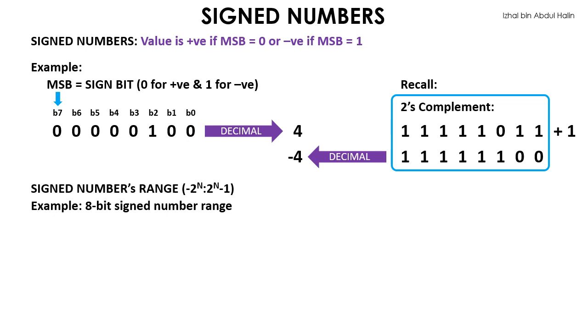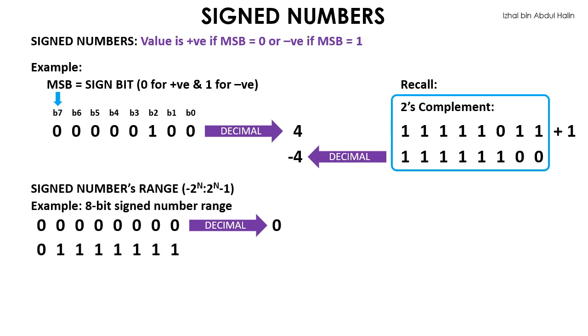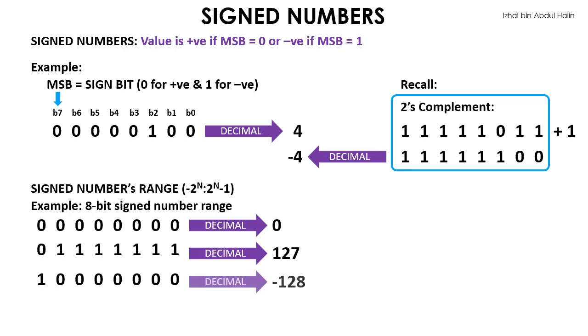Consider an 8-bit signed number. When all bits are 0, the equivalent decimal representation is 0. When the MSB is 0 while all of the lower bits are 1, it is equal to 127 in decimal. In contrast, when the MSB is 1, and all lower bits are 0, the binary string is equal to -128.